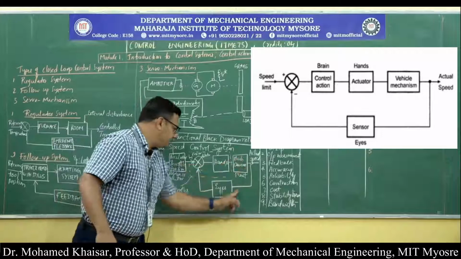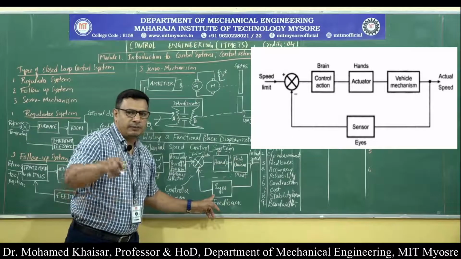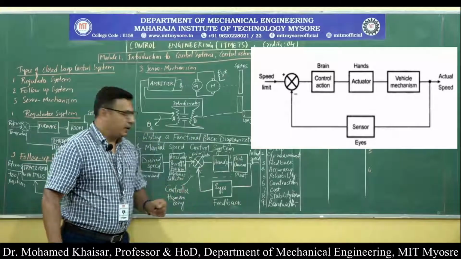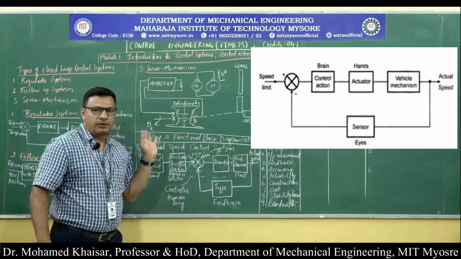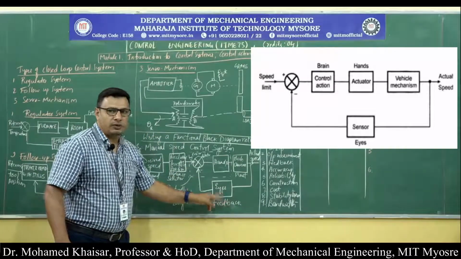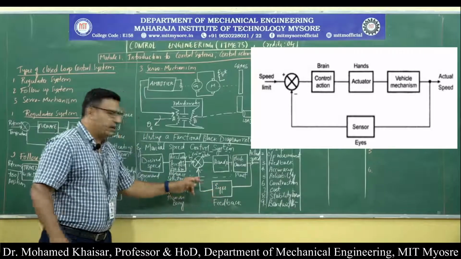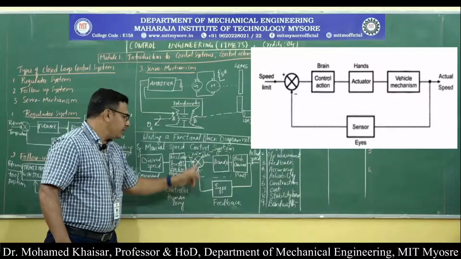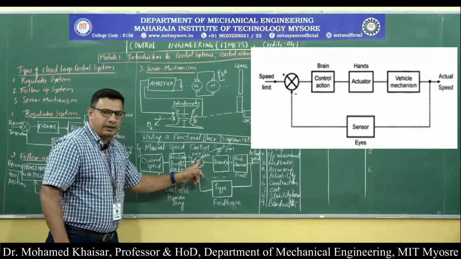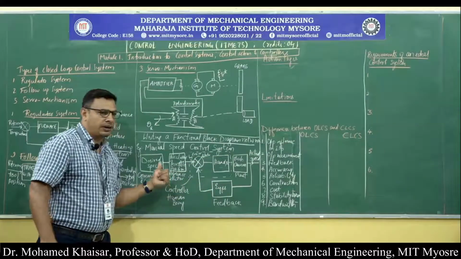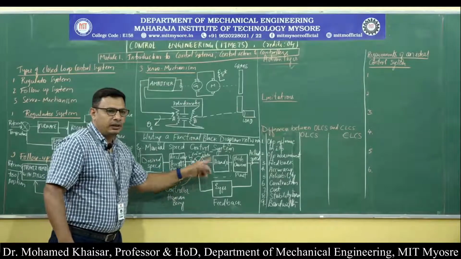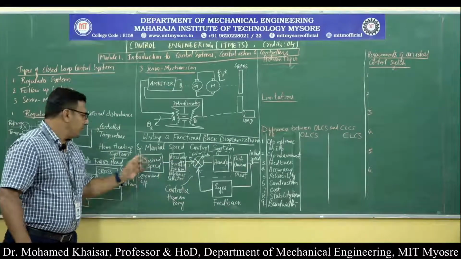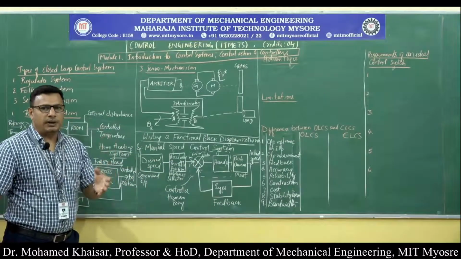This speed is visible to us because it is measured and the odometer of the vehicle shows the speed, and the human eyes look at the odometer and send the signal, the actual speed, to the human brain. The brain again compares the actual speed and what is wanted, and whatever correction has to be done will be done. This is how you can draw a block diagram network for any open or closed loop control system.